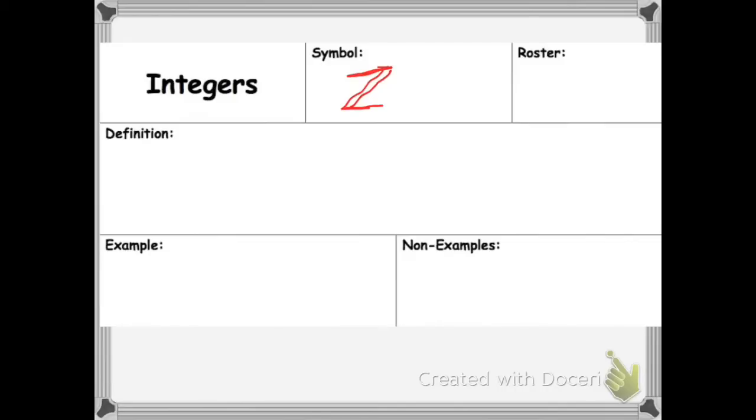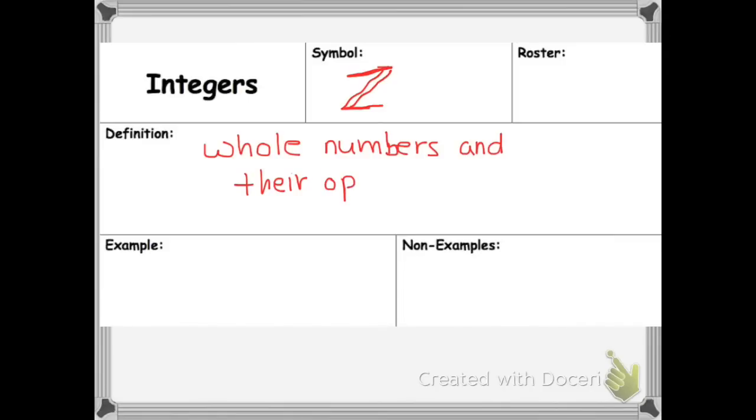And integers are your whole numbers and their opposites. So I'm just going to put that definition in there. Whole numbers and their opposites. And so again, no fraction or decimal pieces, no little leftovers in integers.